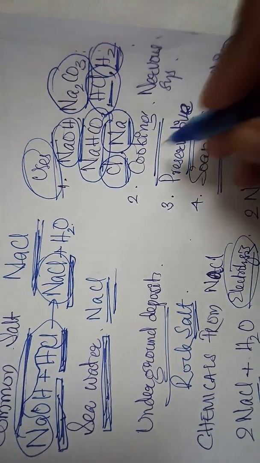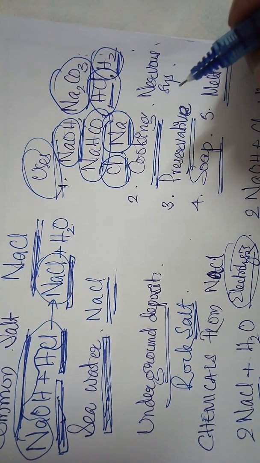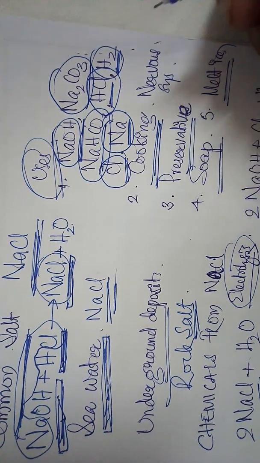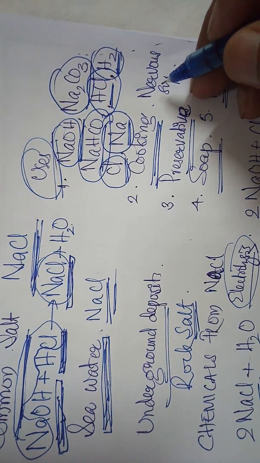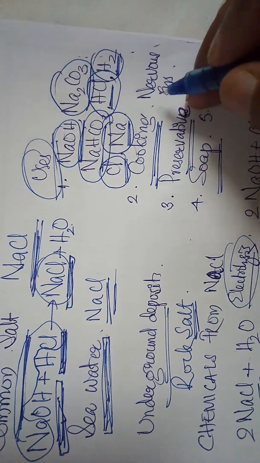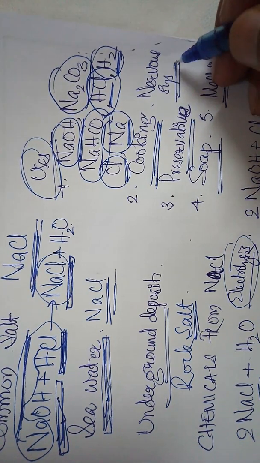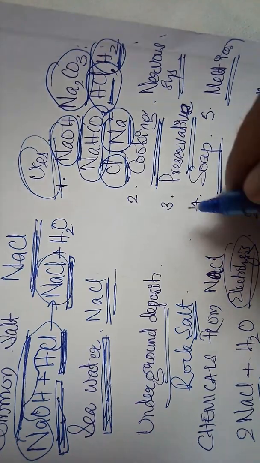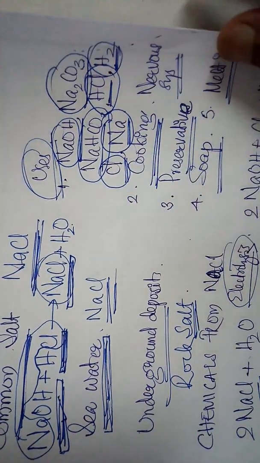It is used to cook food to improve the flavor of the food. It is required by our body for working of our nervous system, movement of muscles, and the production of hydrochloric acid in the stomach for digestion of food.